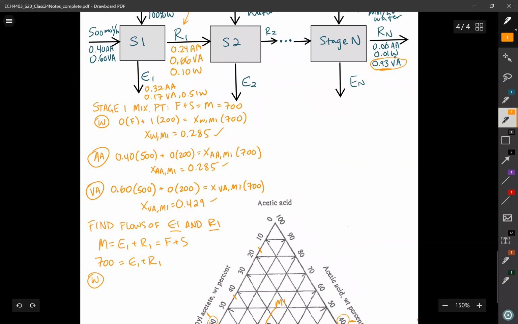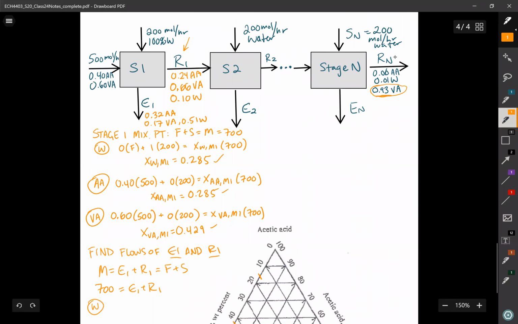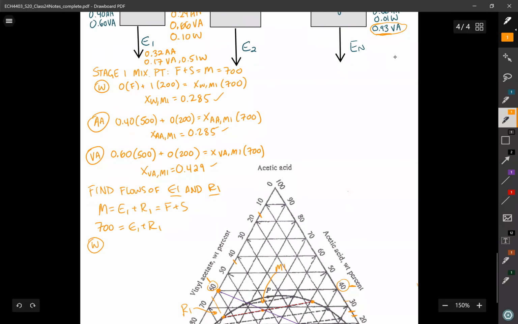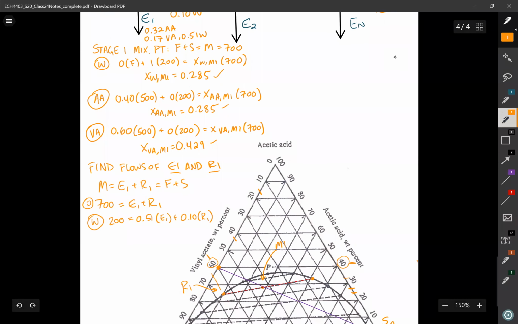I added only 200 moles of water to it. So I should have 200 moles per hour of water coming in. That is equal to my mole fraction of water in my extract, 51% water times E1 plus 10% water times R1. So 2 equations, 2 unknowns, simple substitution here.